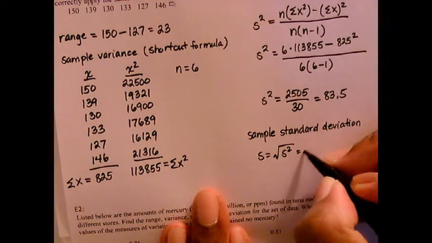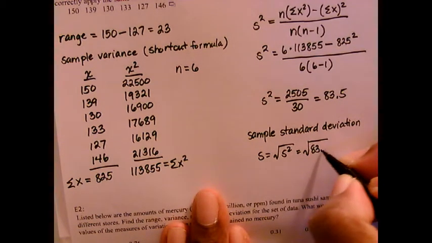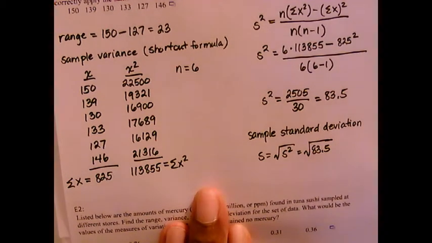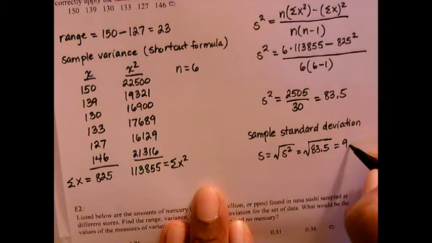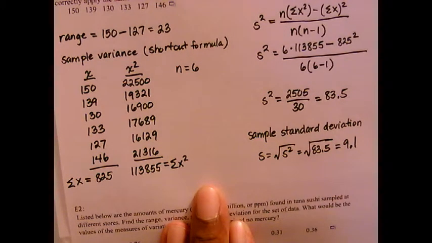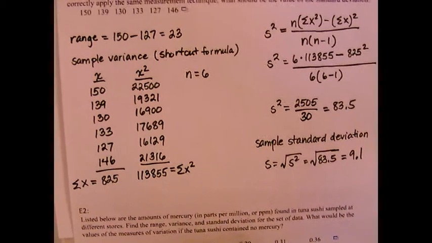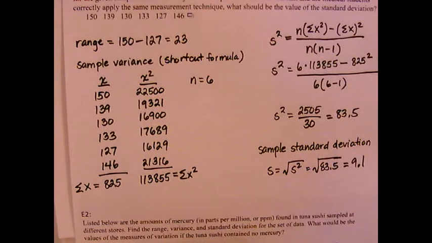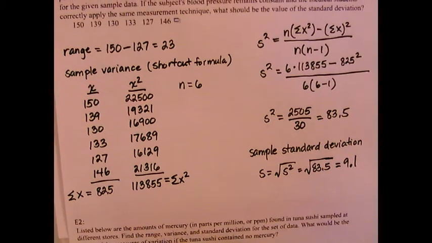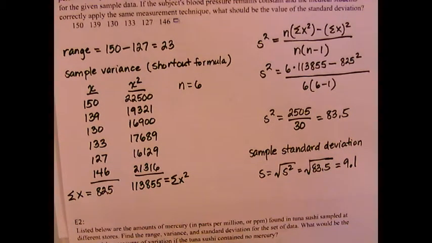So now my sample variance was 83.5, so to get the sample standard deviation, you just take the square root of 83.5. And to one decimal place, this will end up being 9.1. So the sample standard deviation for this set of data would simply be 9.1. And that's how you find the range, the variance, and the standard deviation of a sample data set.